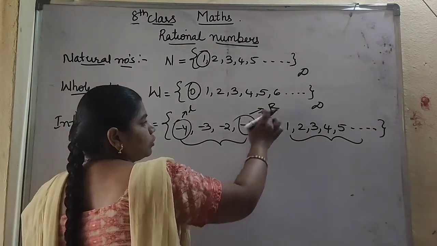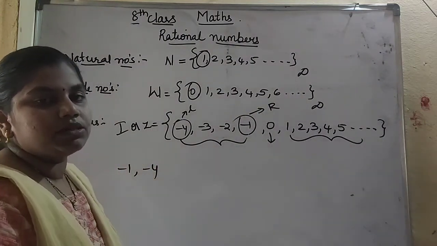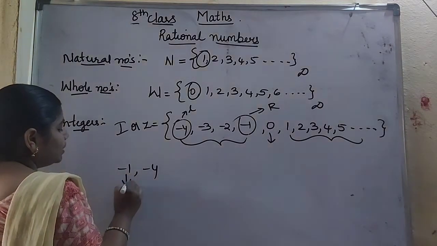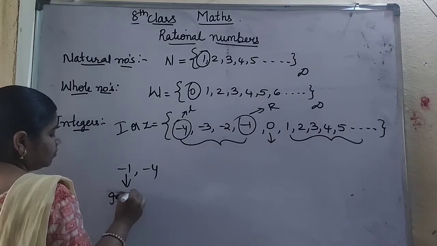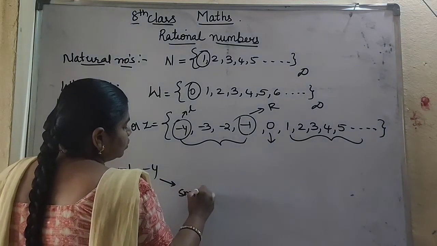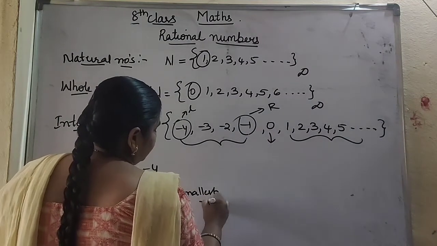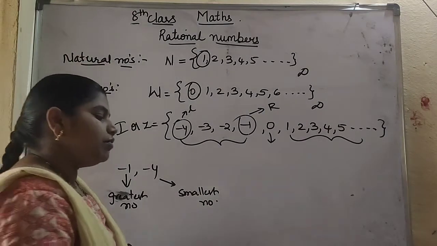Right side numbers will be the bigger values. So -1 will be the greatest number, and -4 will be the smallest number.